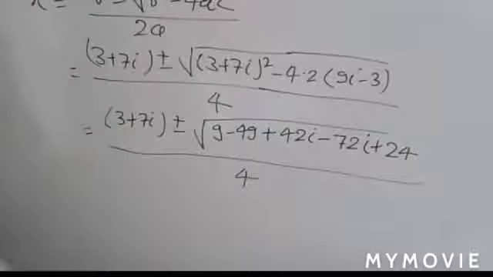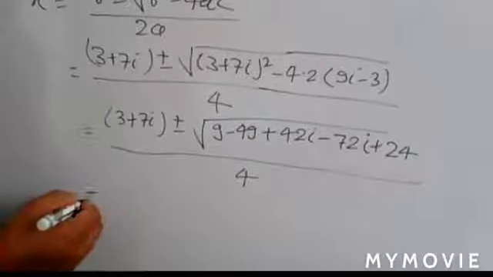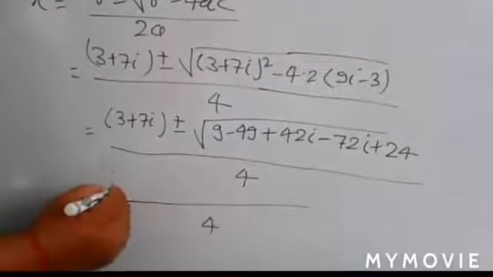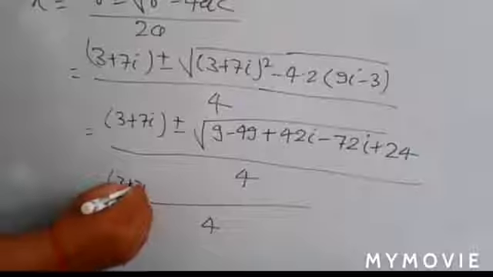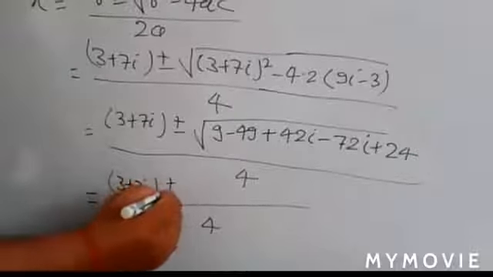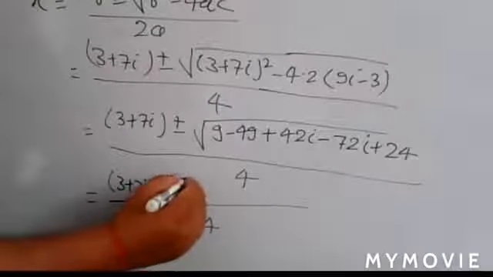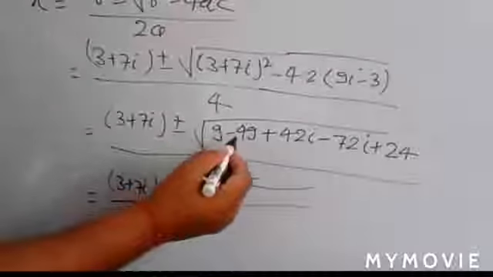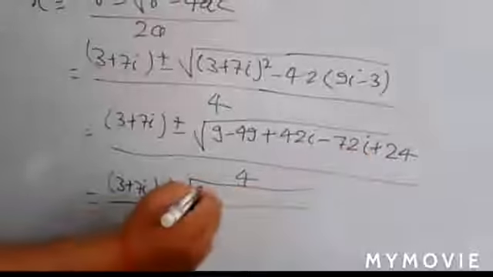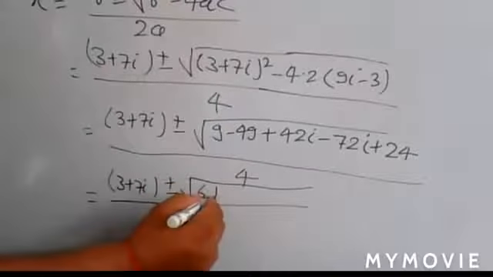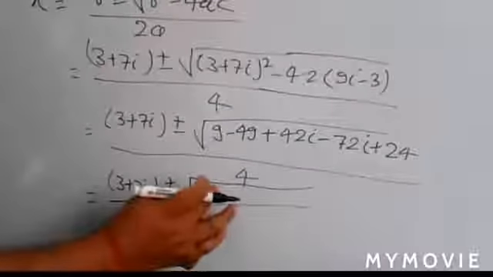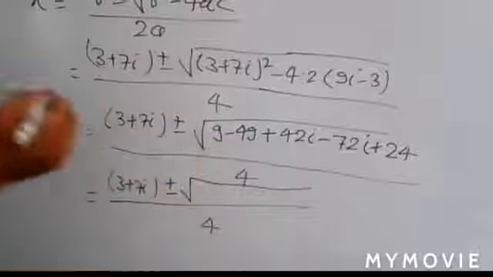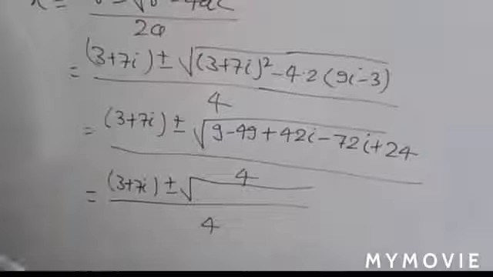You have your result like that, and it is also equal to 3 plus 7i plus minus root of, sorry, this term is minus 40 and then plus this one becomes 64. Sorry, here you have minus 40 plus 24, just solve it.